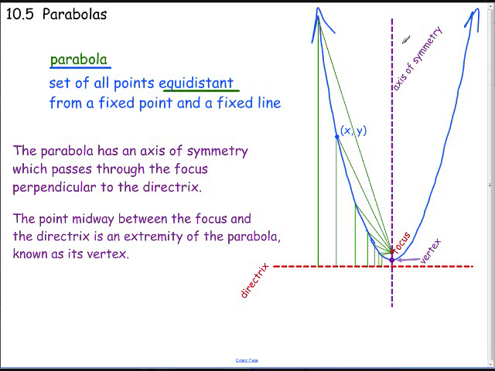The parabola has an axis of symmetry. We know about that. This focus lies right on the axis of symmetry. We know about the vertex. Of course, that lies on the axis of symmetry too. The point midway between the focus and the directrix is an extremity of the parabola.